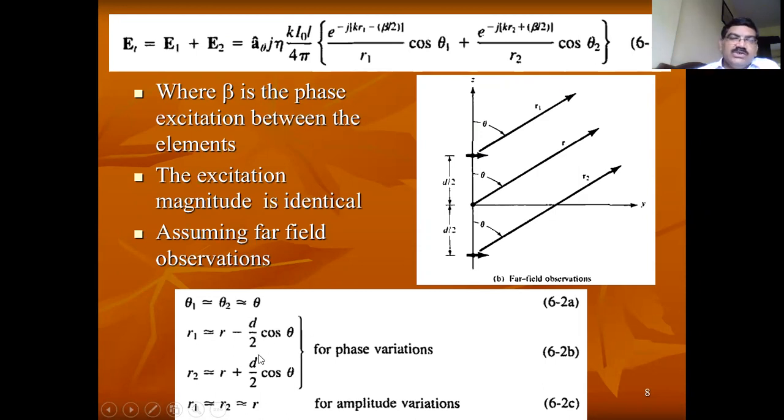So d by 2 cos theta, you have to subtract from R1, and in R2 you have to add this. Because if you consider this way, this distance is additional here, and here this distance is less. So this is R1 and R2, and this is for the phase variation, and for amplitude you can consider R equals R1 equals R2. So these assumptions are there.